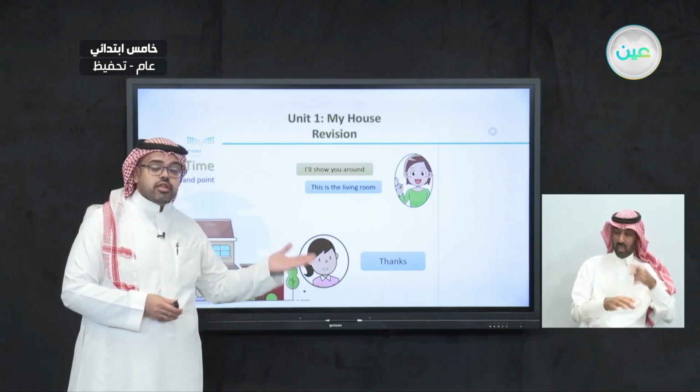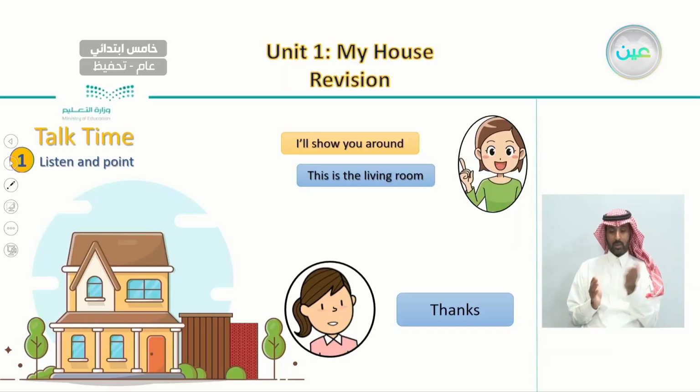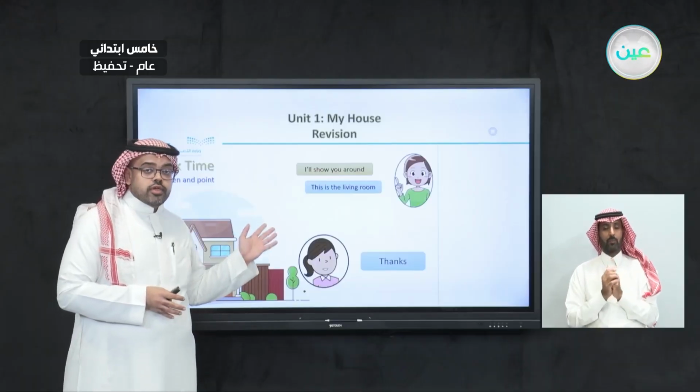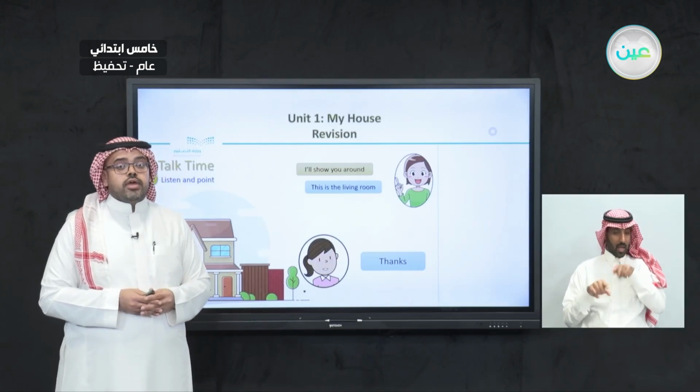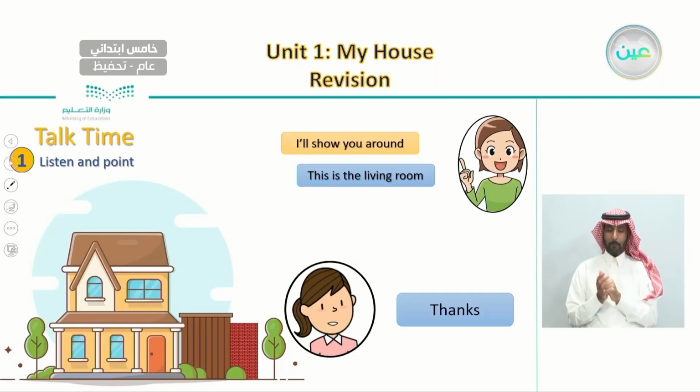This is the living room," and so on. After she showed her around and finished, she said, "Thanks for showing me around." So this is about the girl and her friend when they went to see their new house.